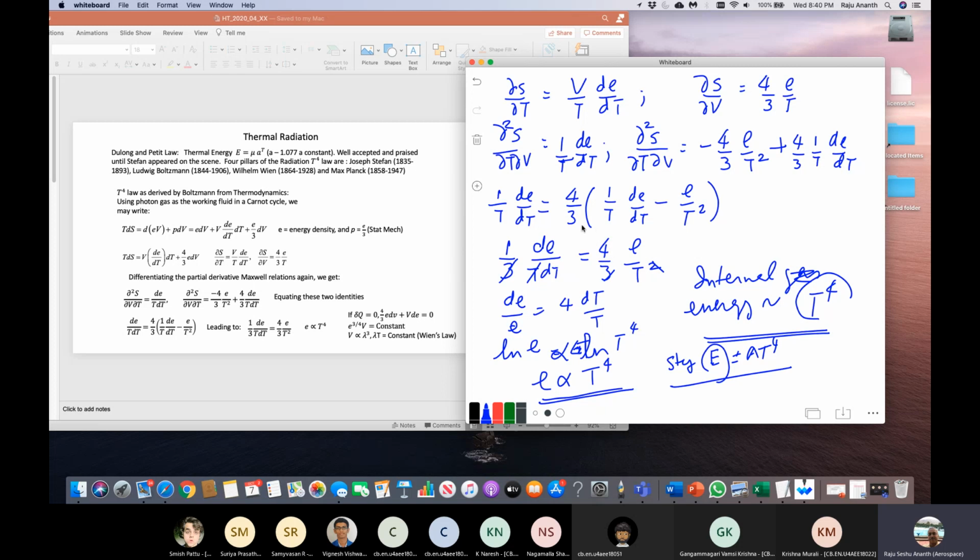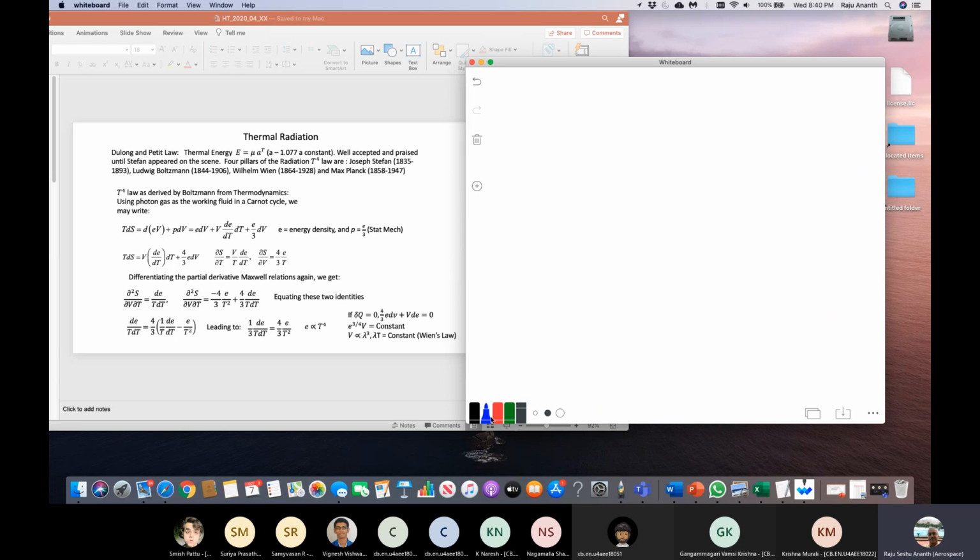Even Wien's law can also be proved right from here. Let's just look at this. So suppose I want to get the maximum. In other words, dQ is maximum. In other words, TdS, when does it get the maximum? Where is the maximum internal energy?